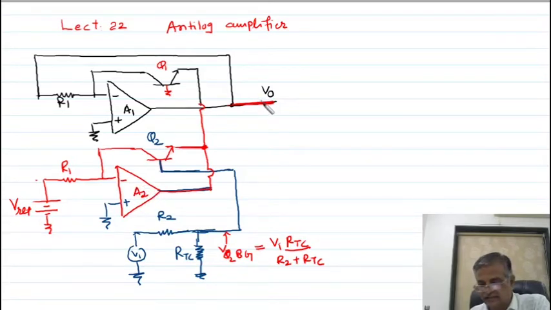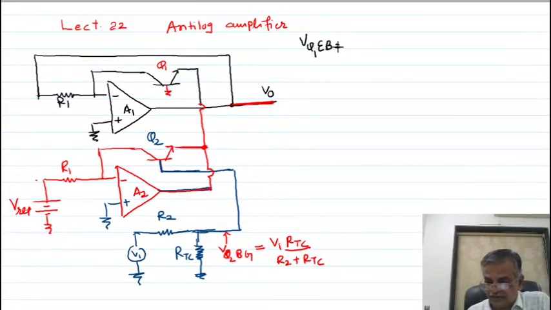Now let us derive the equation of output voltage. See here, from the circuit you can clearly write the emitter potential of transistor first is minus KT by Q ln VO upon I1 into RS, I1 into R1.